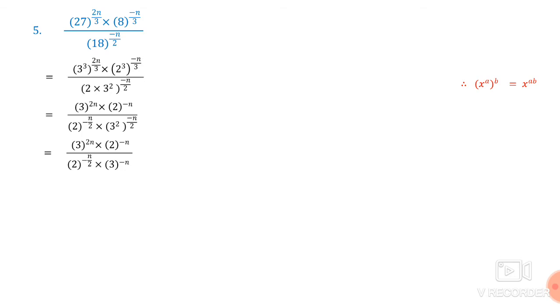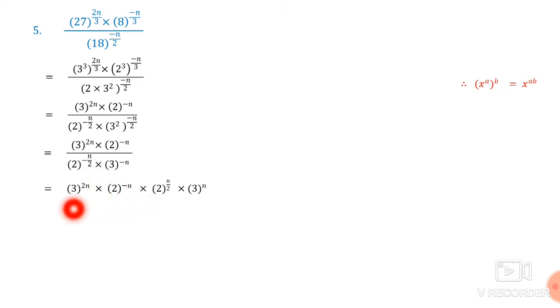So we are going to shift this 2 exponent n upon 2 and 3 exponent n into the numerator. So the negative exponents will be converted into positive exponent.